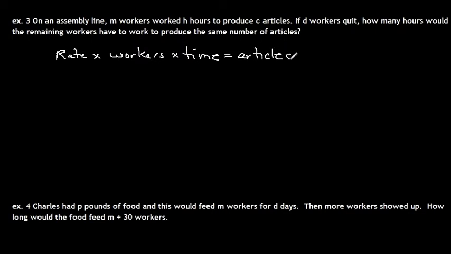Okay, different formula, you can see because we have workers, rates, and articles, so you can tell it's a different type of problem. So we need to figure out each of these things, assign variables to them, and put them into the formula. So we have our workers, and it doesn't equal W, it equals M, which is confusing to me. The time is in hours, so it's going to be H hours.